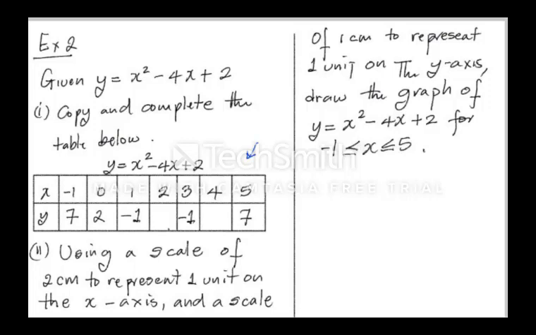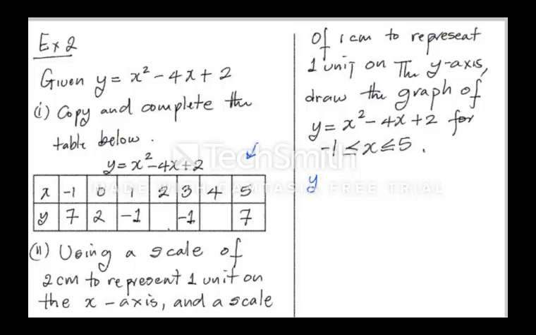It consists of x values and y values, corresponding values of x and y coming from the same equation. Two of the values of y are missing, and the first thing you have to do is complete the table. To get the value of y, you have to use the equation.